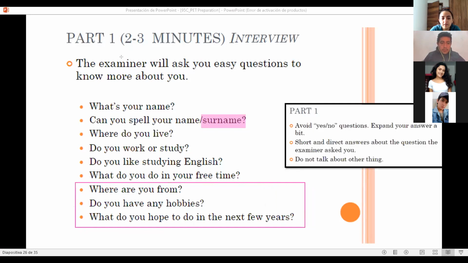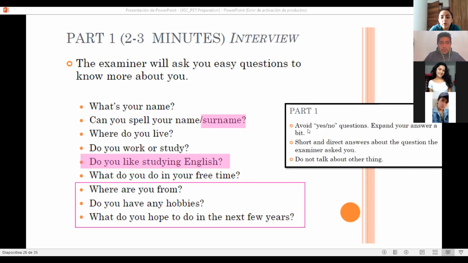One of the ones that you're always going to have is a question related to English. This is going to be a must, okay? This is something that for sure will come up in the speaking part, a question about something related to English. What do I mean by that? They may ask you, do you like studying English? Or generally what is usually asked is, do you think English is important in your life? For example, do you believe English is important for your life?